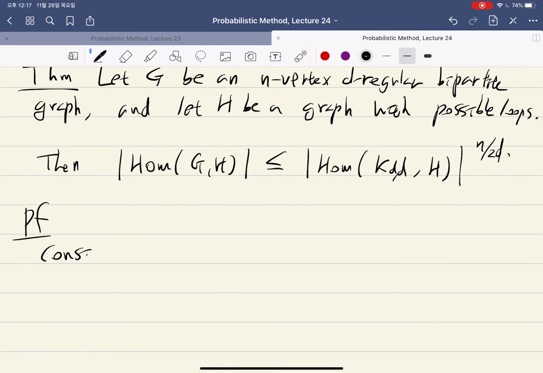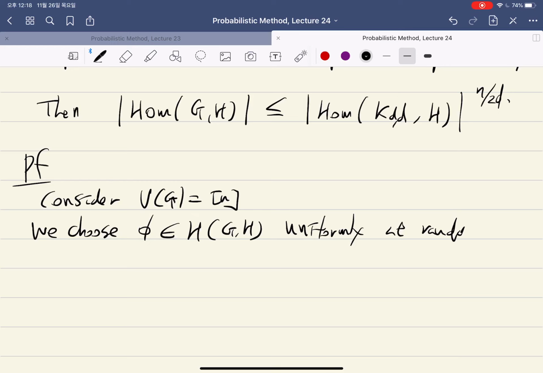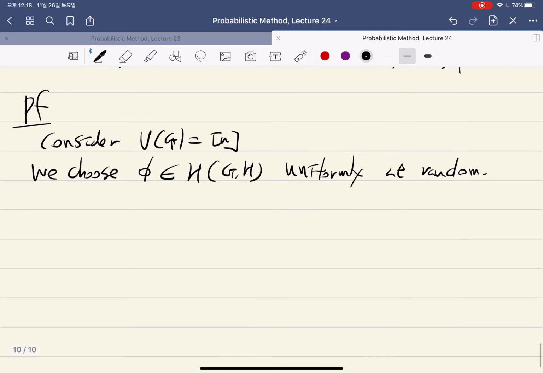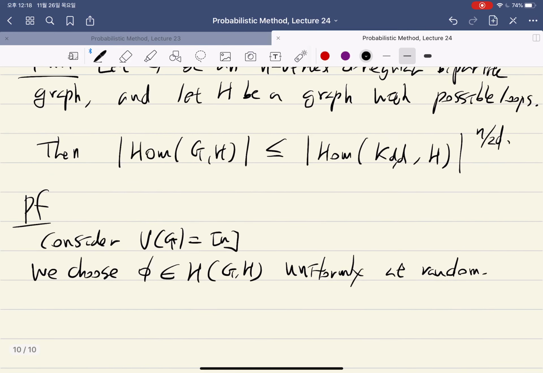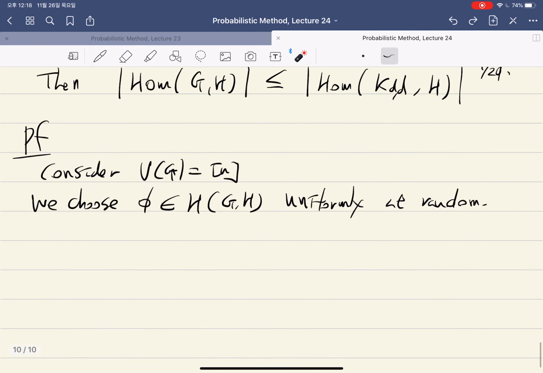So let's say we consider the vertices of G as just indices, and we choose a homomorphism uniformly at random. Roughly, we want to use the assumption that G is a d-regular n-vertex bipartite graph.